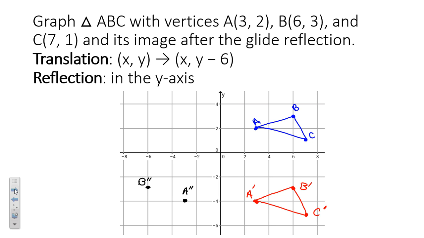So C double prime will be 7 from the y-axis. So it should look like a mirror image of A prime, B prime, C prime when the y-axis is our mirror.